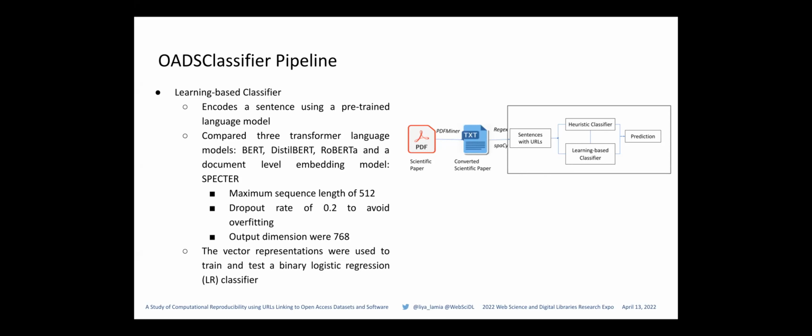We use a maximum sequence length of 512, and to avoid overfitting, we use a dropout rate of 0.2. After the encoding, we fed the vector representations from the language models into a logistic regression classifier for training and testing.